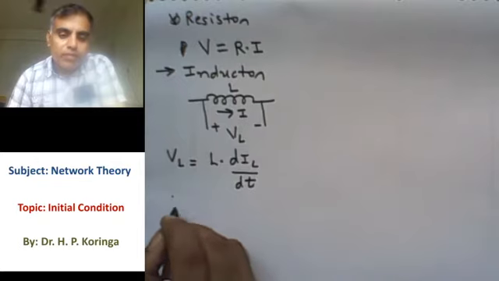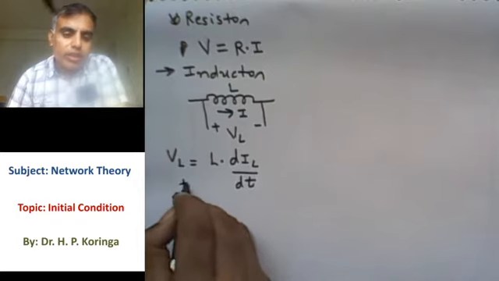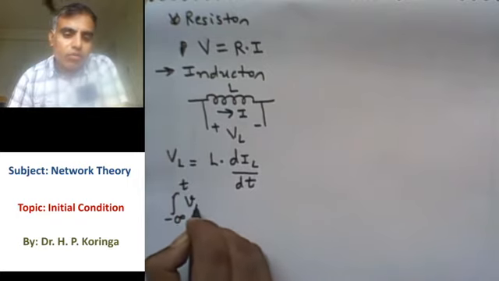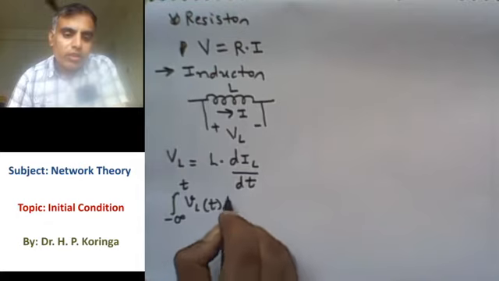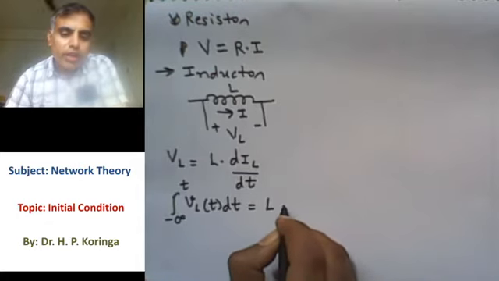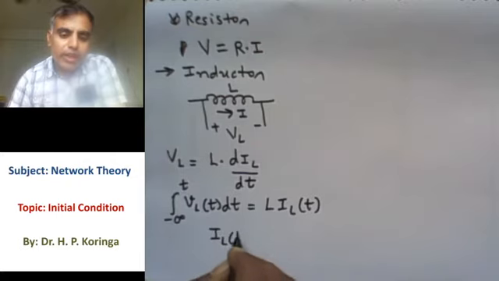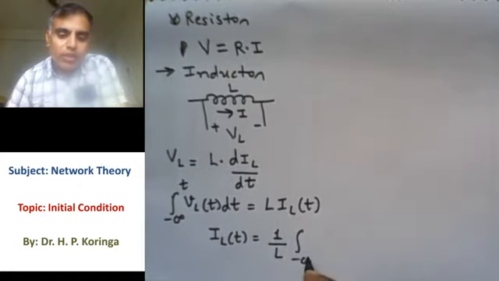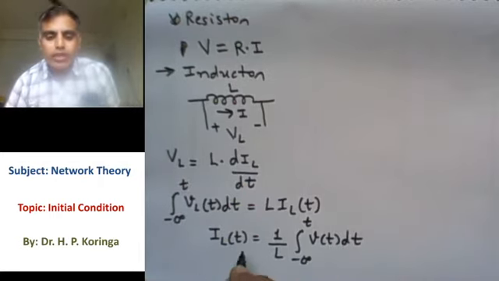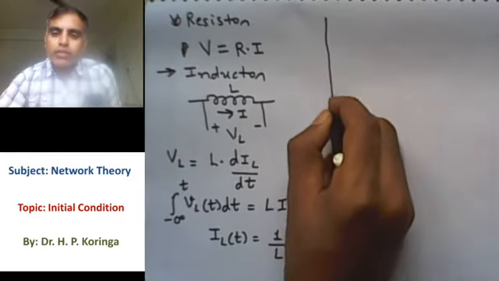So the current I_L is equal to 1 upon L times the integration from minus infinity to t of the voltage across the inductor. So the current passing through the inductor at any time t can be defined as 1 upon L times the integration of the voltage across the inductor, right?